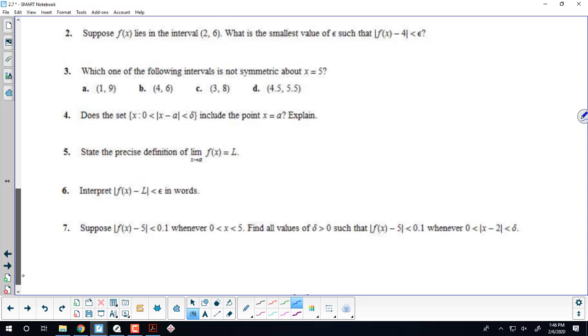And it says, does this set, the x values such that the absolute value of x minus a is larger than 0, less than delta, does that particular region, if you will, include the point x equals a?